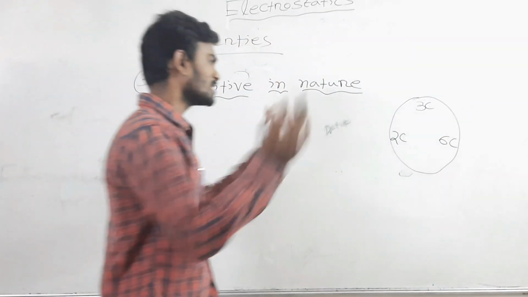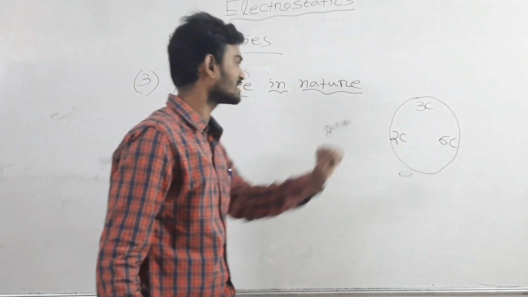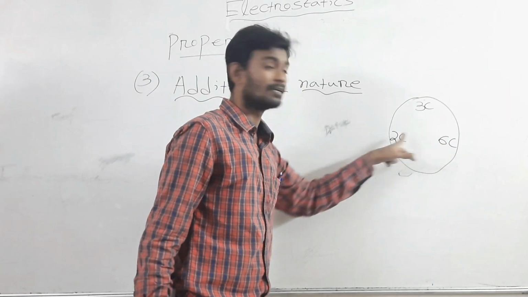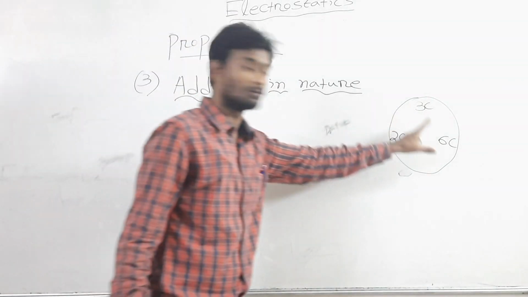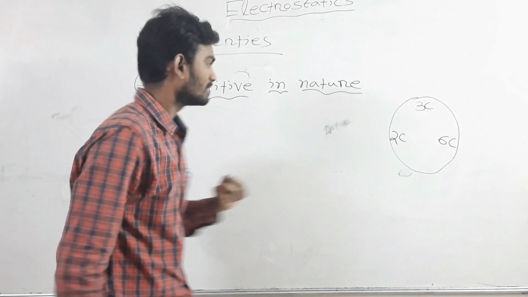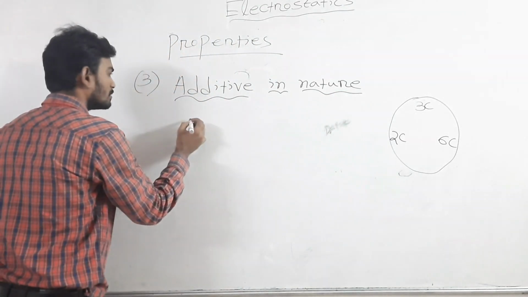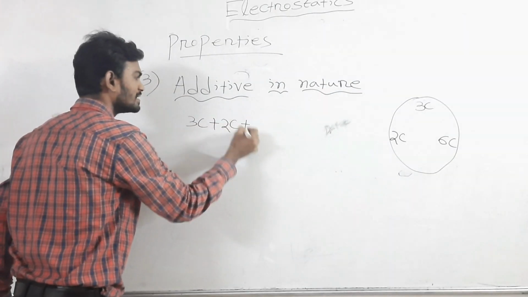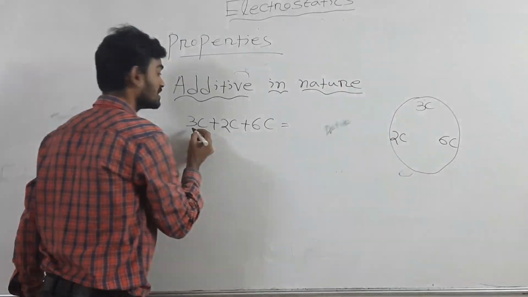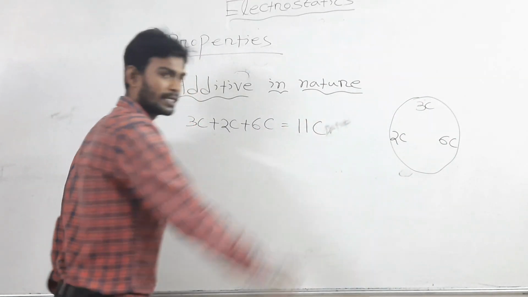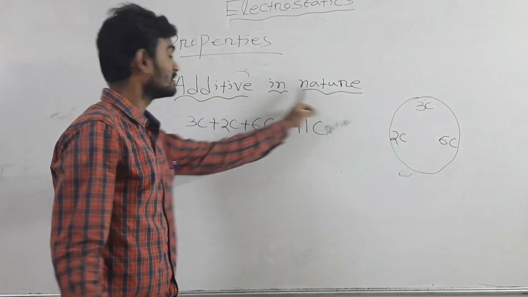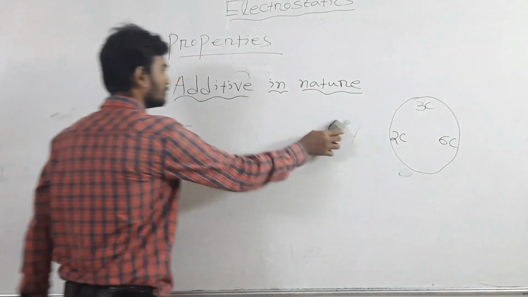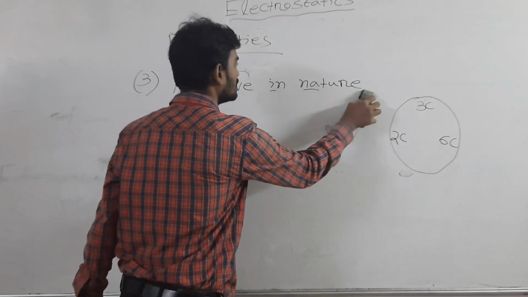What is the total charge on this object? We can directly take the summation of these charges. The total charge is 3 plus 2 plus 6, which is 11 coulomb. So the third property is additive in nature.